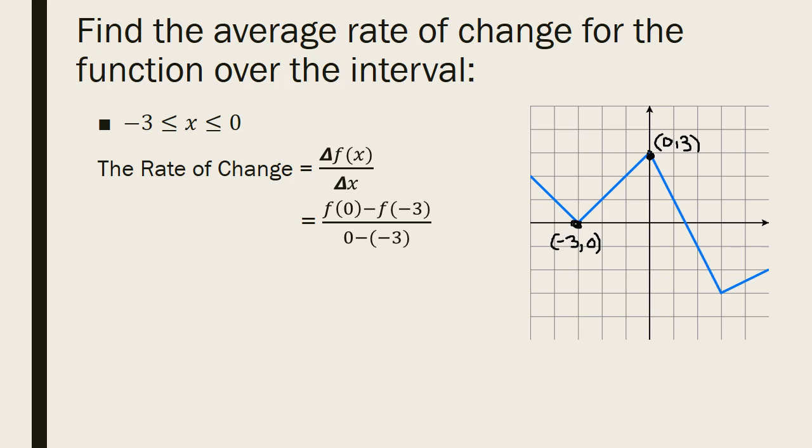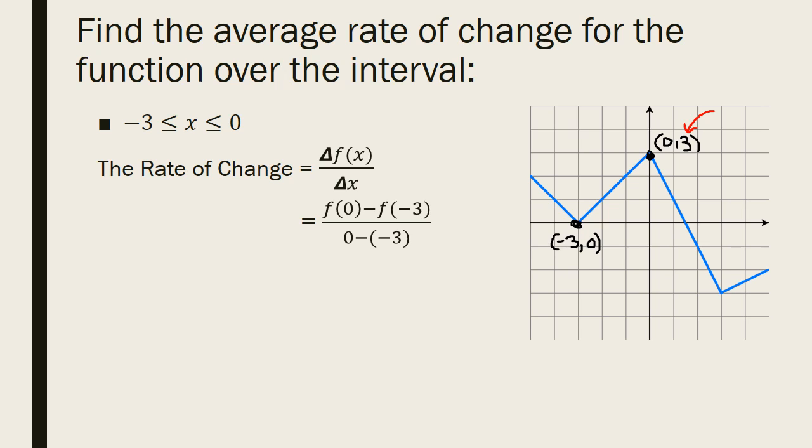So I'm going to have to look at the difference between the output of 0 minus the output of -3, divided by 0 minus -3. If we look at the output of 0, which is in this case right here, the output of 0 is 3.